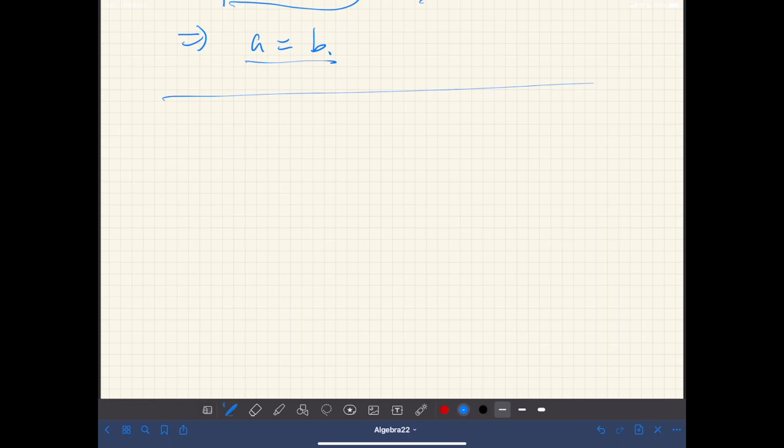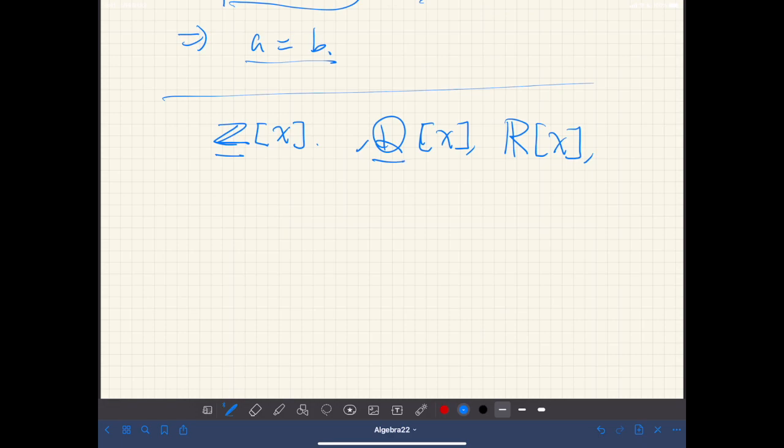And so far, as for polynomials, we've been considering polynomials over integers, or polynomials over rational numbers, polynomials over real numbers, and so on. But these Z, Q, R are some specific sets of numbers. More generally, we may think of a polynomial over some integral domain.